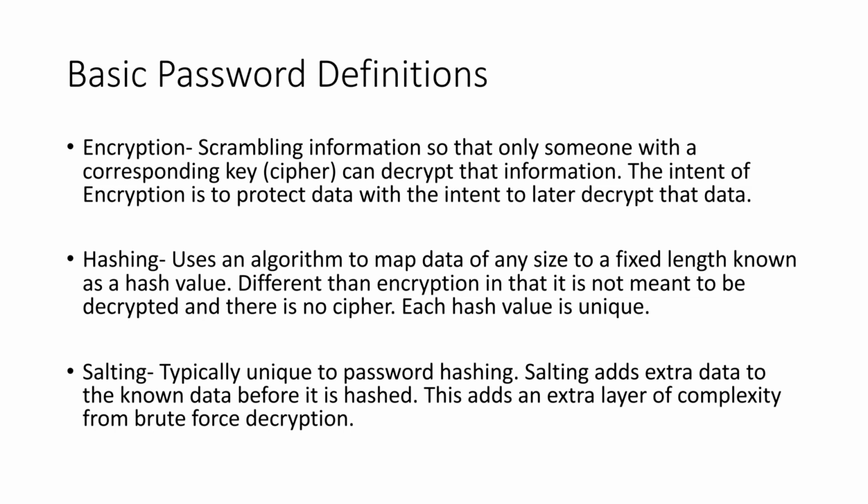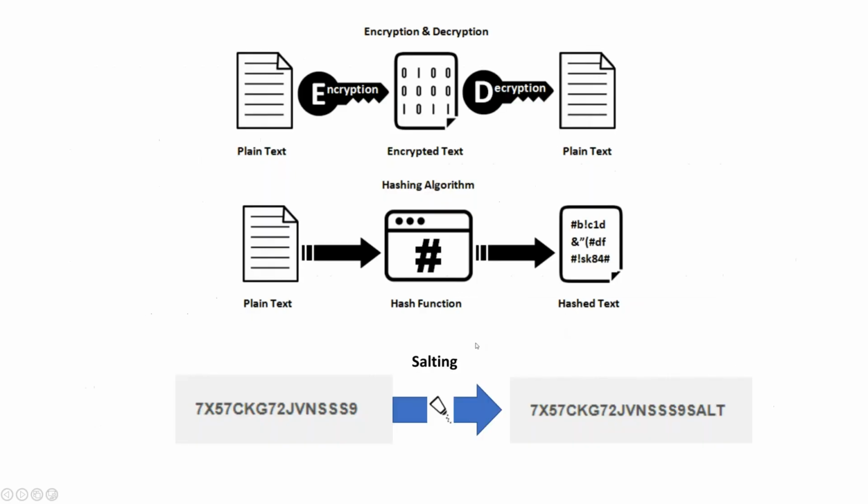It's always going to be the same length. And a salt is a way to add an extended layer of protection to a hash to throw off any attempts at decrypting that using the decryption algorithm or cracking algorithm.